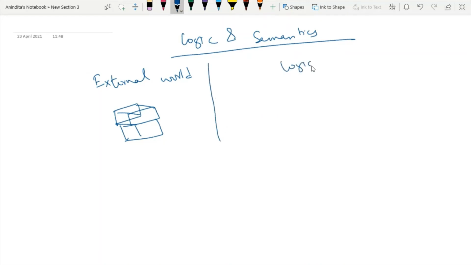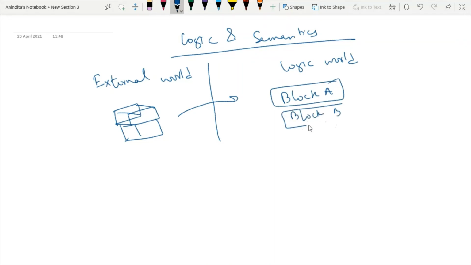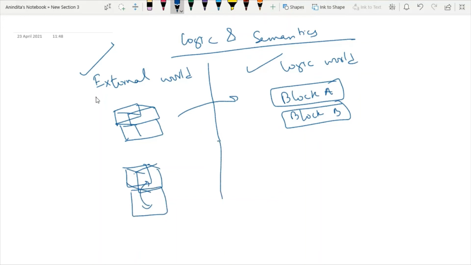However, in the logical world, it can be represented as block A and block B. So this is the logical world representation and this is the external world representation. If we have this scenario of two blocks one upon another, this scenario of the external world can be represented in the logical world as on(A, B), meaning block A is on block B.